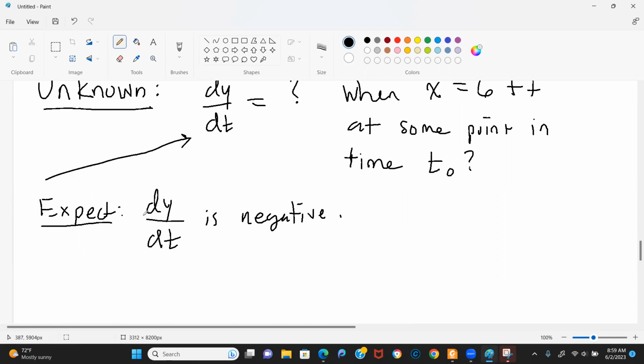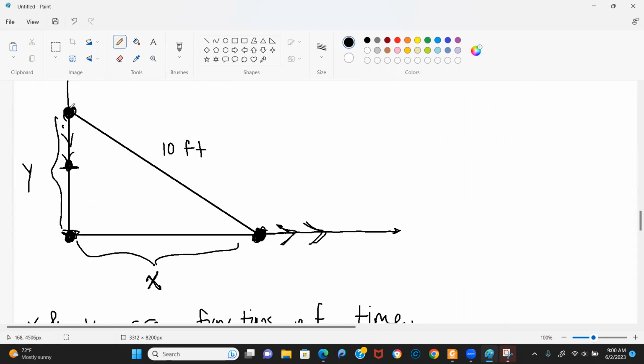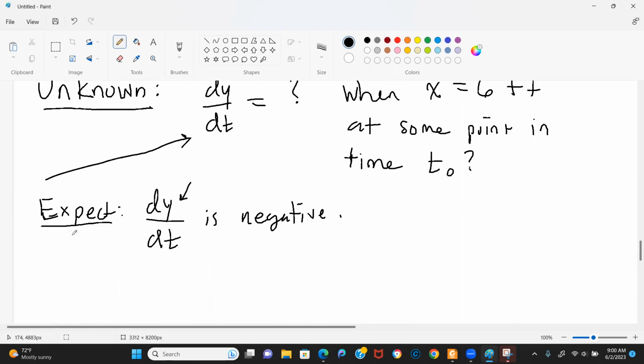So these are consistency checks, based on the physical setup of the problem. Since the y coordinate is shrinking, getting smaller because this point is moving closer to 0, we'd expect that rate of change to be negative, because it should be decreasing every second.